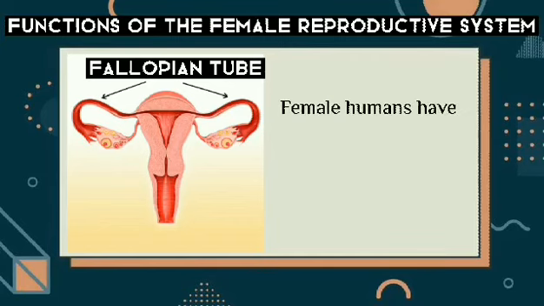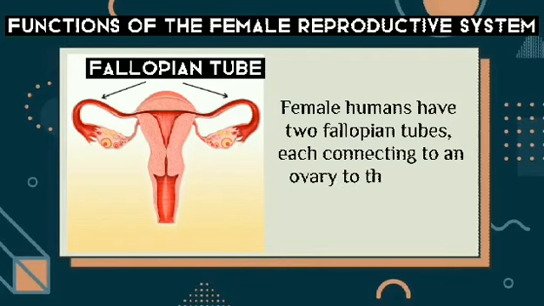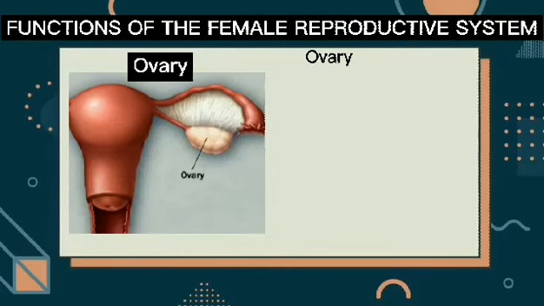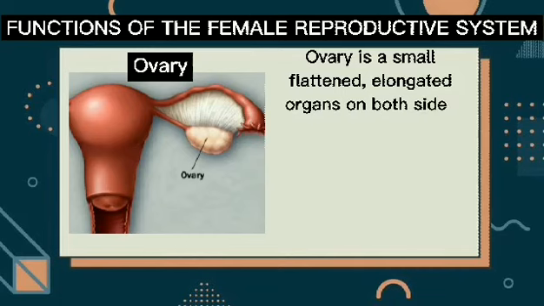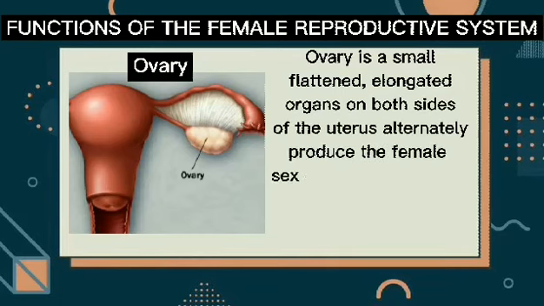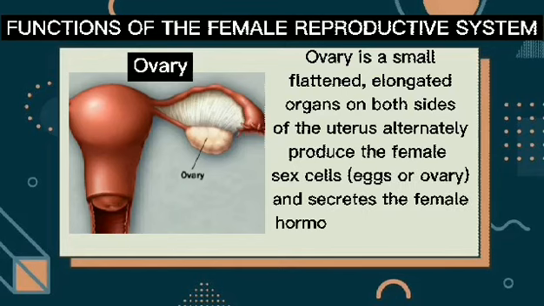Female humans have two fallopian tubes, each connecting an ovary to the side of the uterus. Ovary. The ovary is a small flattened elongated organ on both sides of the uterus that alternately produces the female sex cells, eggs or ova, and secretes the female hormones, estrogen and progesterone.